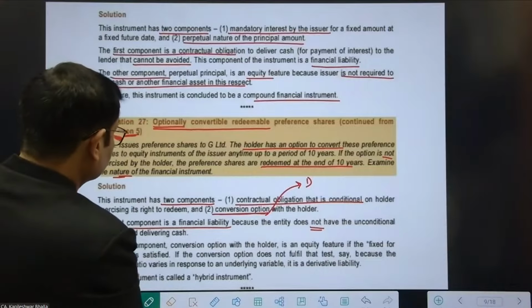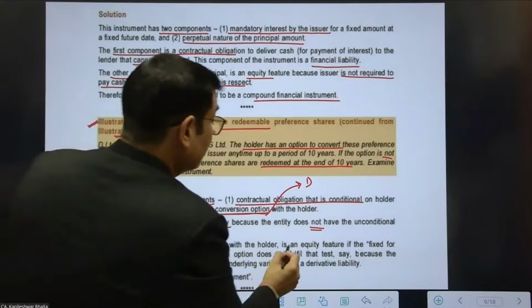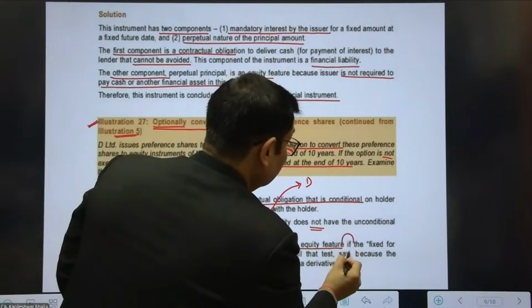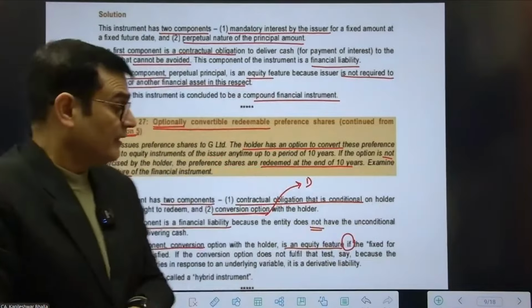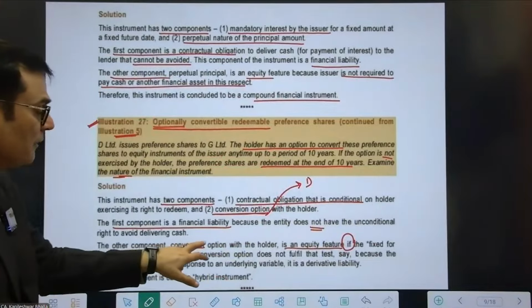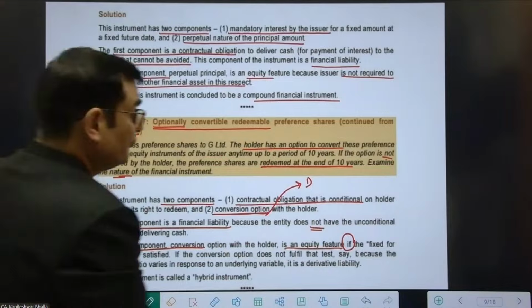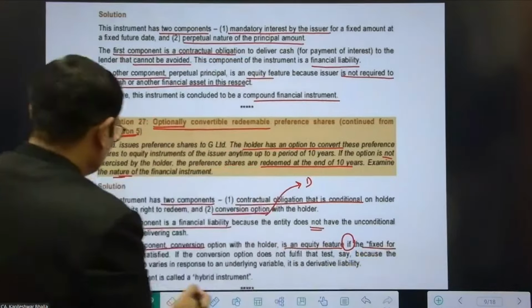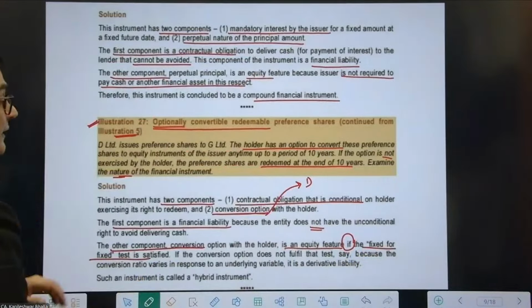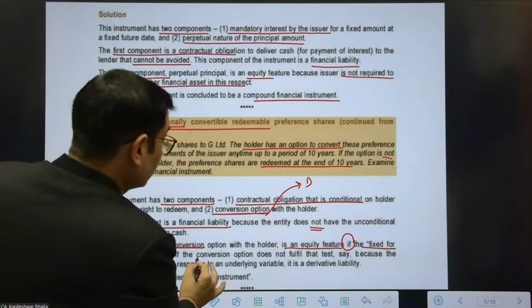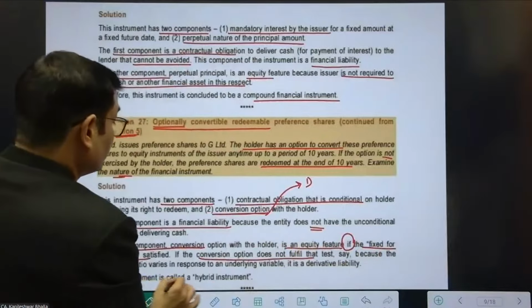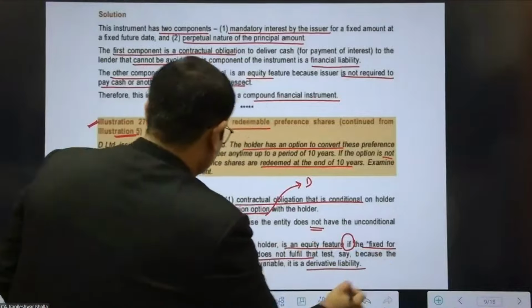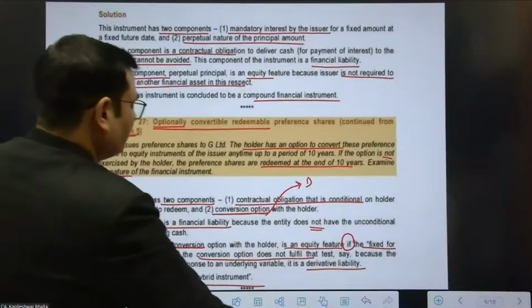Then it says the other component, the conversion option, is an equity feature, if they've taken a presumption that the conversion option, the derivative, is an equity feature if the fixed for fixed test is met. That's an assumption. If the conversion option does not fulfill the test because the conversion ratio varies, it is a derivative liability. And this is called a hybrid instrument.